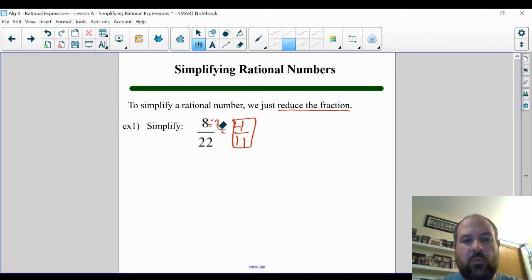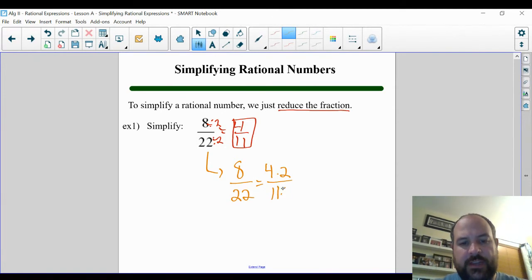But the other way we can think of this is 8 and 22 share 2 as a common factor. 8 is 4 times 2, and 22 is 11 times 2. So when we say that we're going to divide them, we're actually canceling out the 2's here. So that's how we're getting the 4 over 11.